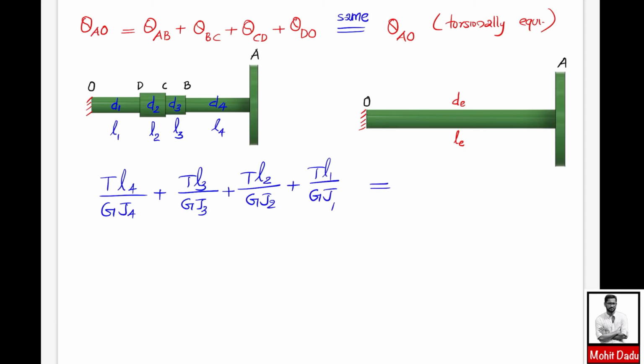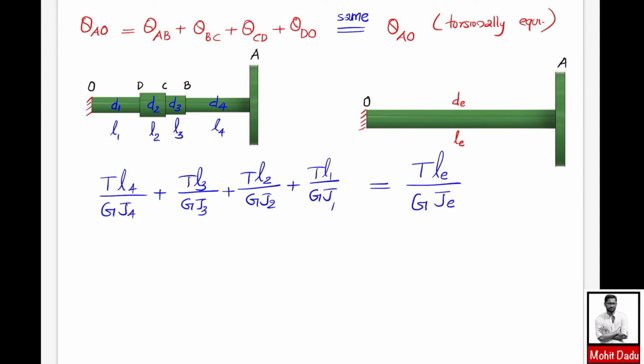This will be equal to theta of A with respect to O for the torsionally equivalent shaft. That means there is a single diameter and single length, so this will be equal to the same torque applied into the equivalent length LE divided by G into J equivalent.